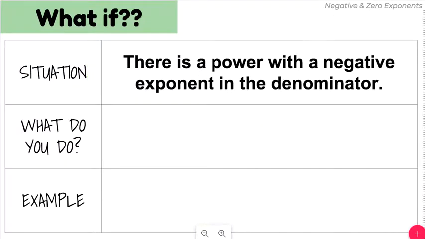Here's another situation where you may see some negative exponents. There's a power with a negative exponent in the denominator. Nothing really changes except one part, which will make sense when you see it. So the base stays the same.